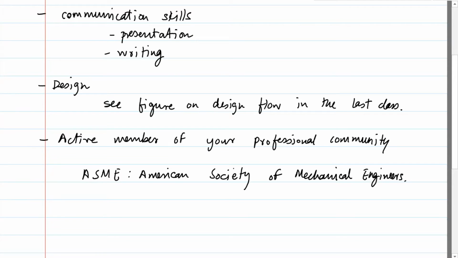the way I work with ASME is that we publish conference and journal papers as part of the community. I do that. I review papers, but that is something which you do in academia. If you are in industry, then you probably want to go and attend meetings. One thing which is very common between academia and industry is that one of the goals of ASME is to promote engineering among young students, right?